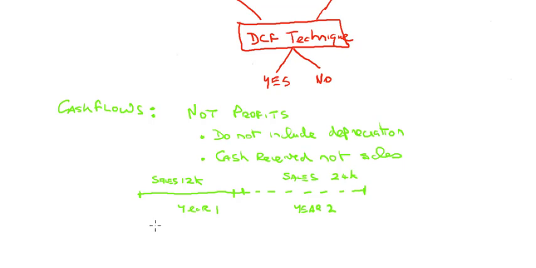So if we're trying to find out the cash flow, the cash received, I suppose. Well, the cash received in year 1 will be just 11 months' sales, because the final month will not be received until year 2.